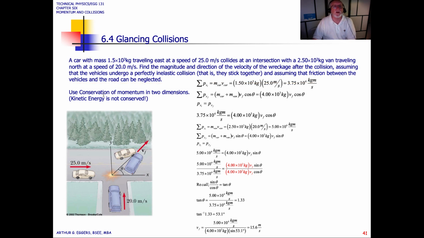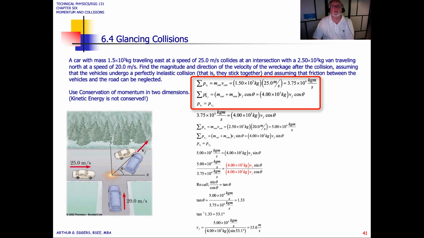So use conservation of momentum in 2 dimensions. Again, kinetic energy is not conserved. So we start with our summation. We're going to sum all of the initial momentum x terms. So we get the mass of the car times the velocity of the car, which is 3.75 times 10 to the 4th kilogram meters per second.